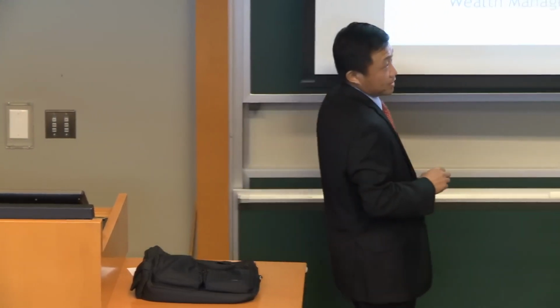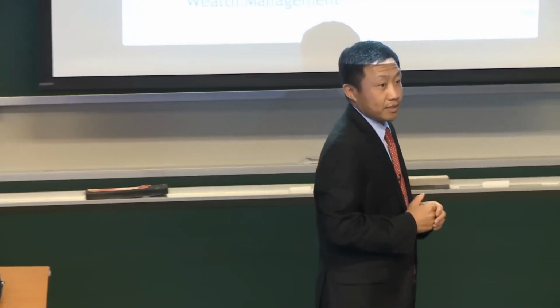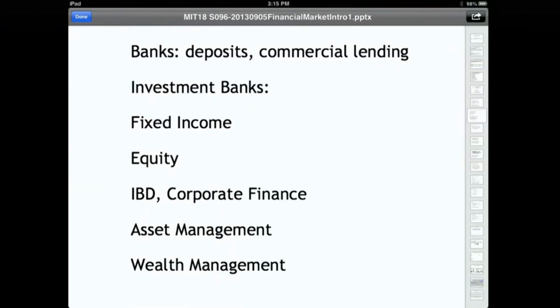So let me come back to the players in the market. One large type of player is really banks. Essentially after the 1933 Glass-Steagall legislation, there were two main types of banks.